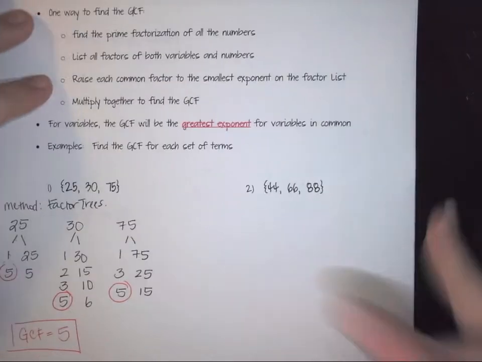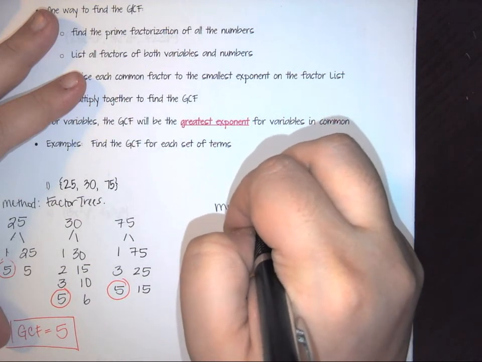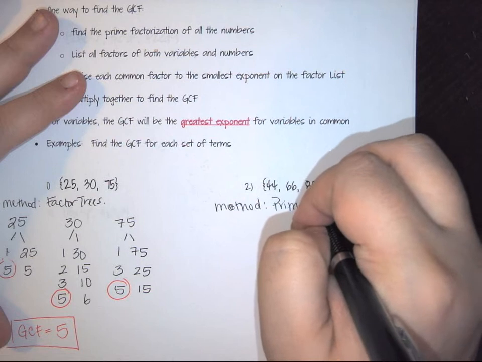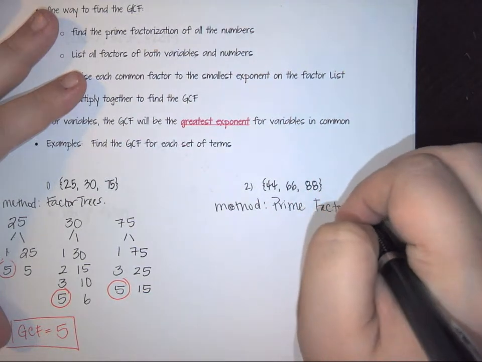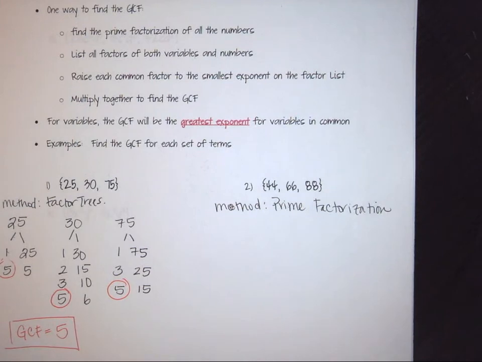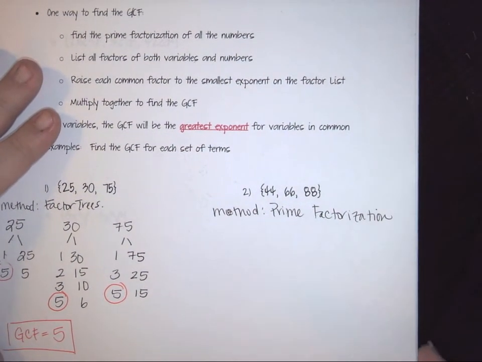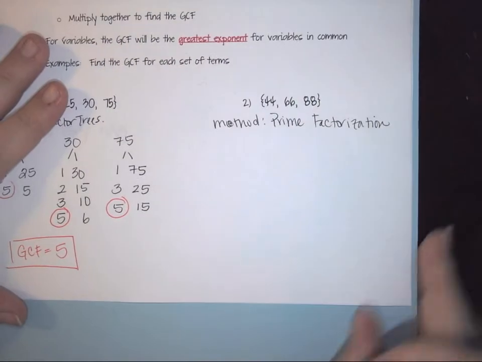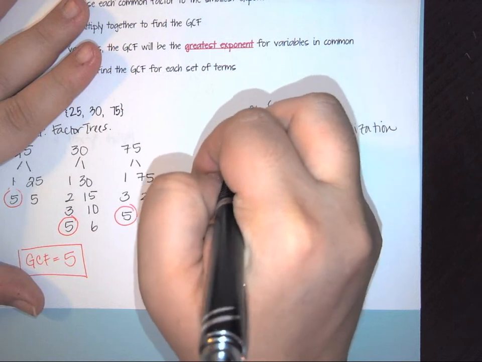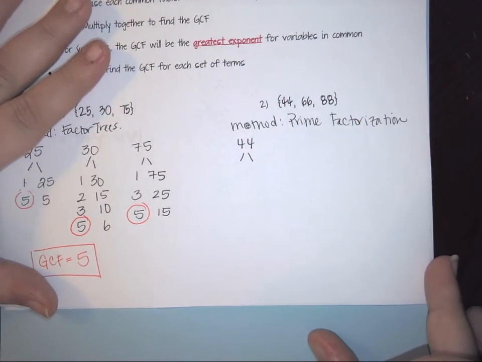Now, if we're going to use the method of prime factorization, then we're still going to approach by listing out factors. However, when we talk about, say, 44, the factors we list are going to be prime numbers specifically.